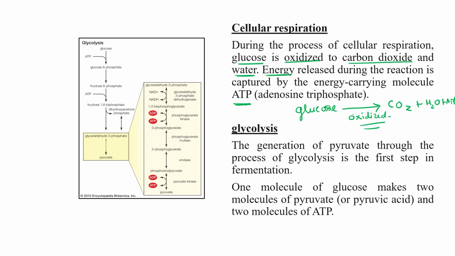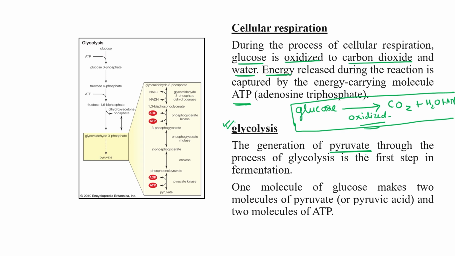Okay, and in this particular reaction, there are so many metabolic steps involved. We have already discussed the glycolysis step, right? As you can see in this picture, the generation of pyruvate occurs. This is the last or main product of glycolysis, right?